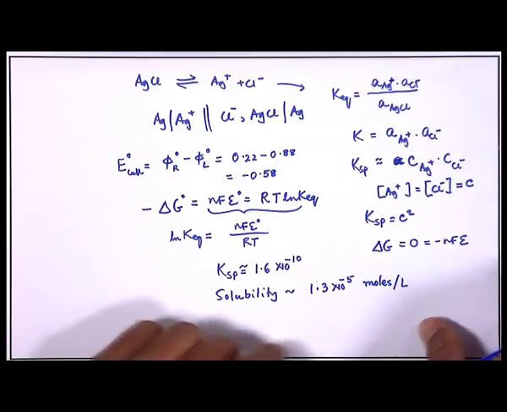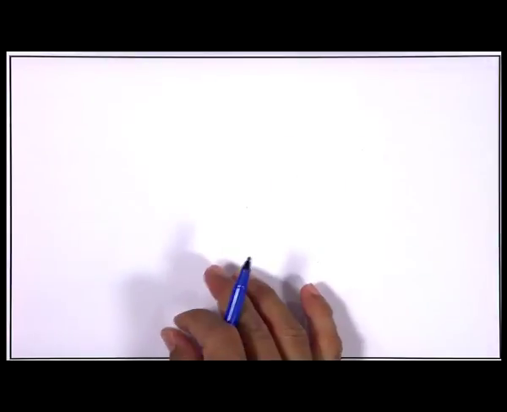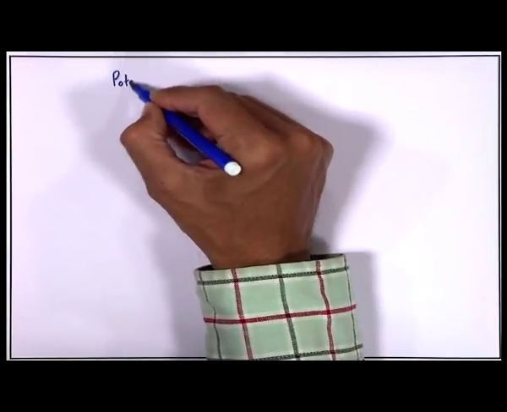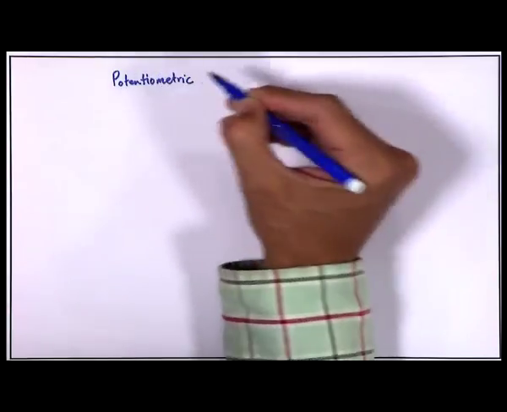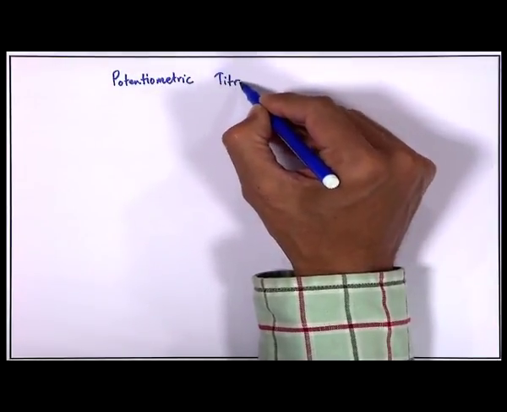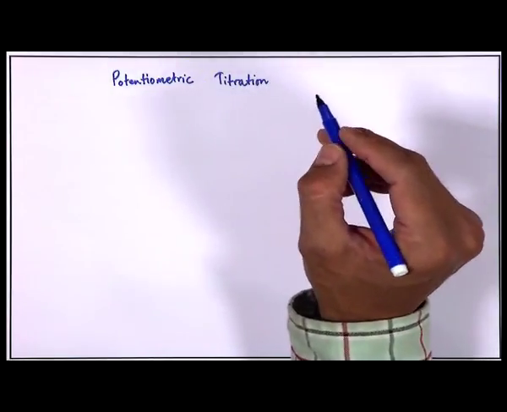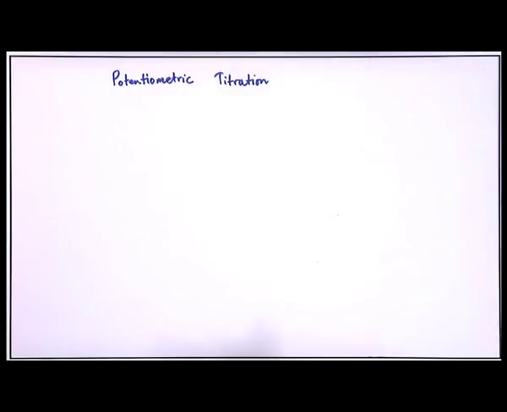Next is another important application of Nernst equation could be the potentiometric titration. Potentiometric titration means you titrate like a general titration, and during titration you measure the potential, that is the cell potential.